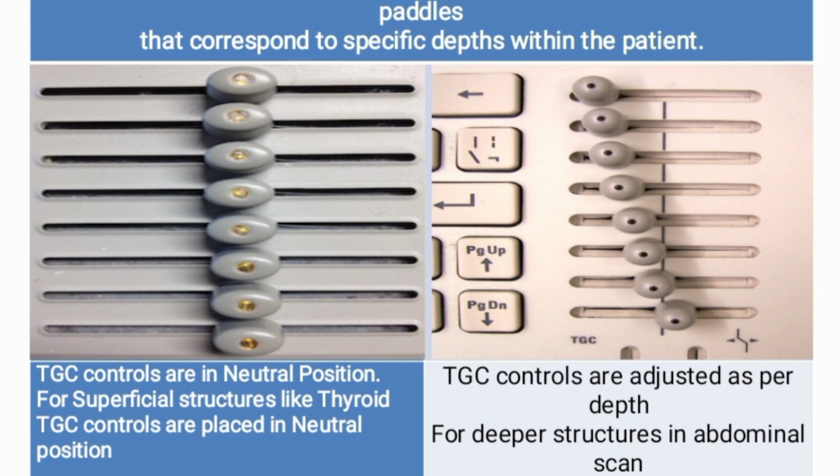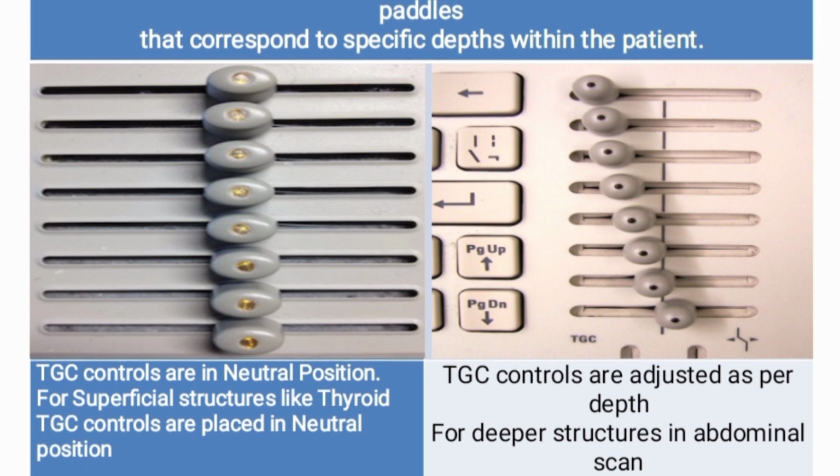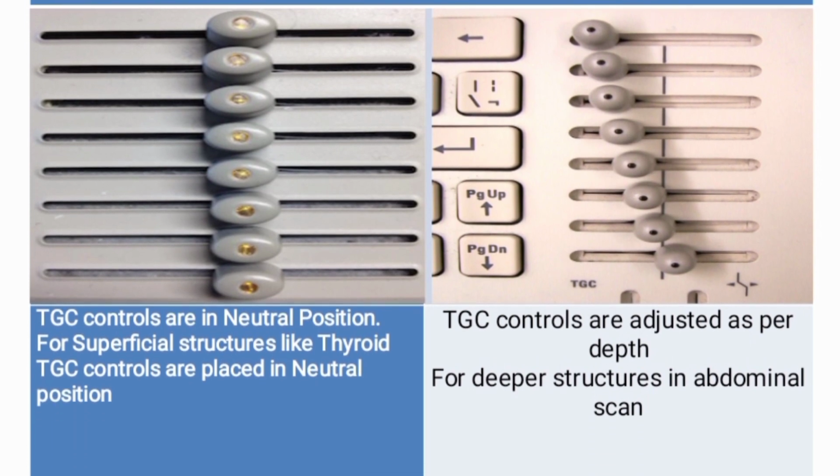Then here, the TGC control is adjusted per depth for deeper structures in the abdomen. You can also notice that the upper keys are below the neutral line, and it keeps increasing as you go below. Why? Because you are compensating for the loss of echoes as the sound passes through the whole depth.